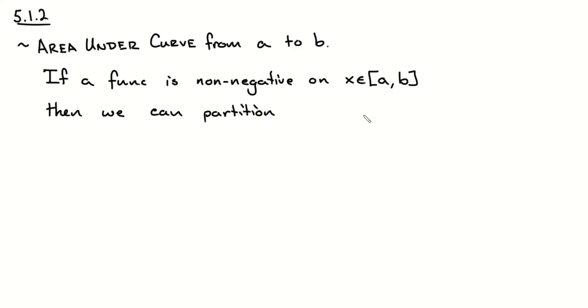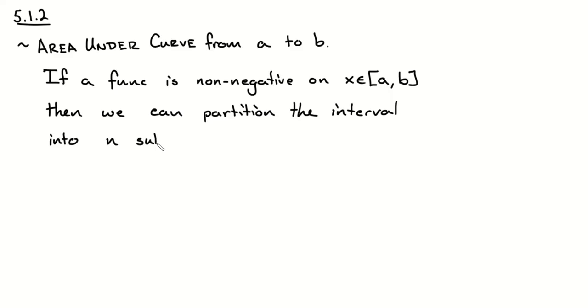We can partition the interval. If a function is non-negative for x in some closed interval a to b, then we can partition the interval. And right here immediately, which interval are we partitioning? A to b. We can partition this interval from a to b into n subintervals.